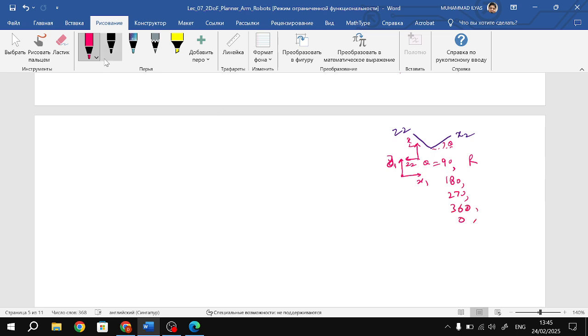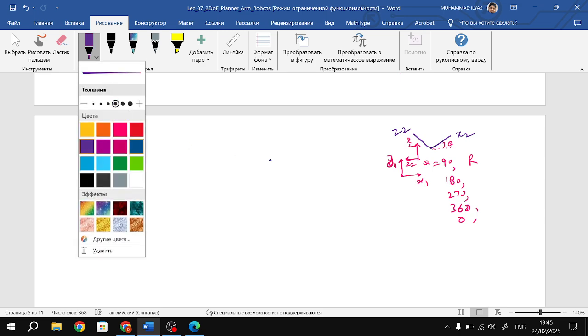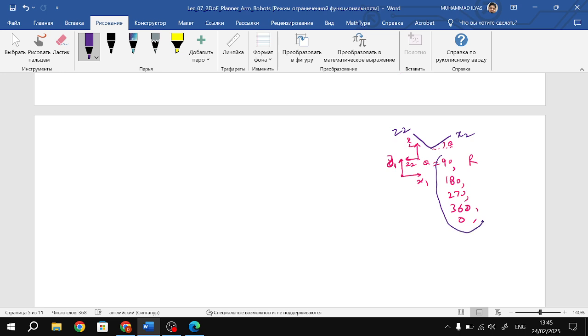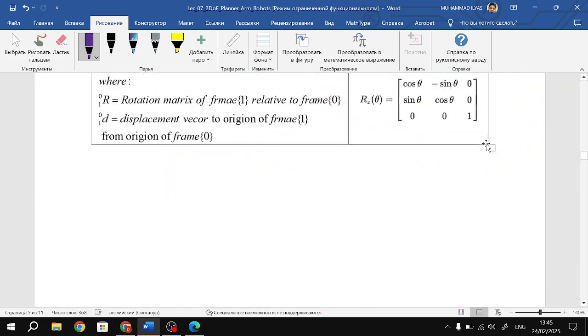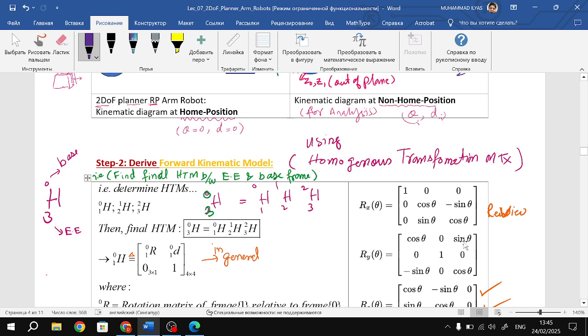In this case, if the 2 frames have the angle 0, 90, 180, 270, or 360, then the rotation matrix becomes very easy to calculate. How? Let me tell you. You don't need to use these formulas in that case.